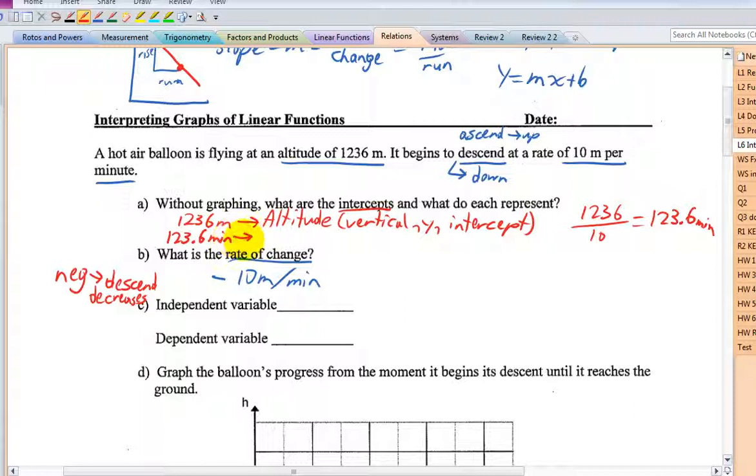That's going to be your time, and that will be your horizontal or x intercept. So often, because we're not using the letter x, we're using something like t for time or s for second, they'll just refer to that as the horizontal intercept rather than simply x-intercept.